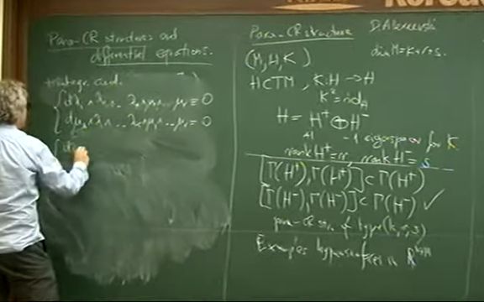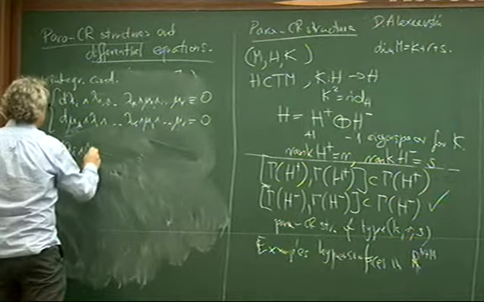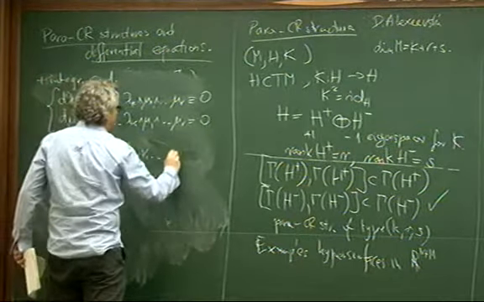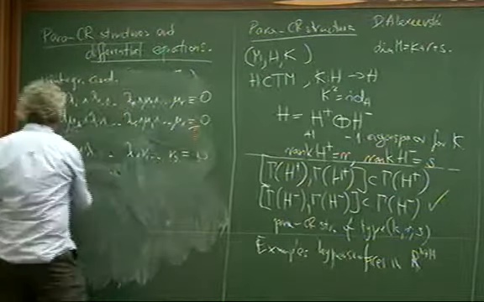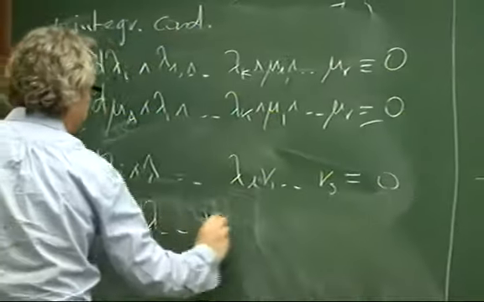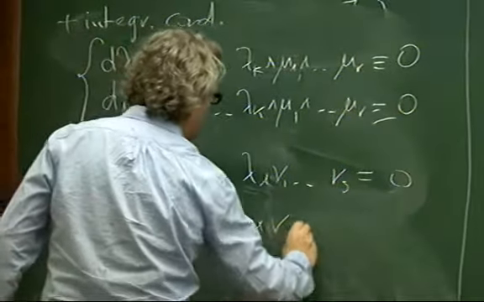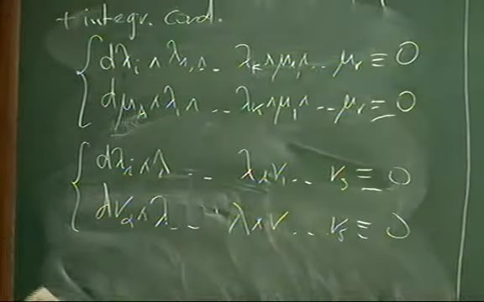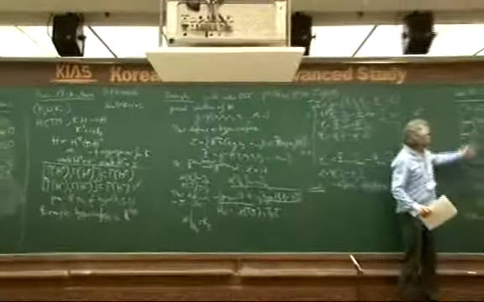So d lambda_I wedge lambda wedge nu 1 nu s equals 0, and d nu_alpha wedge lambda wedge nu s equals 0. Okay? So that's my entire definition of my para-CR structure in terms of these forms lambda.